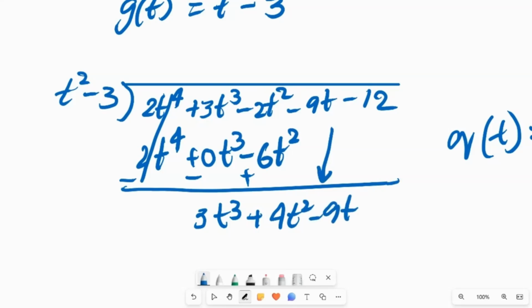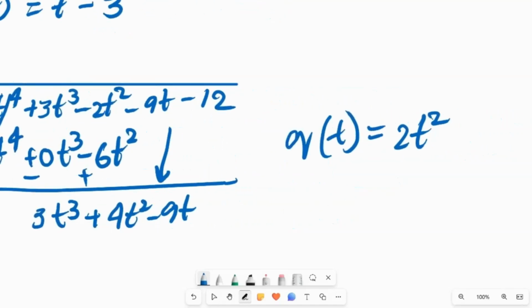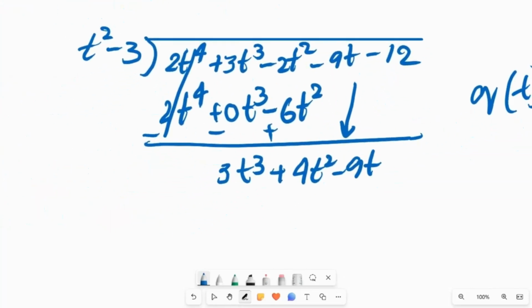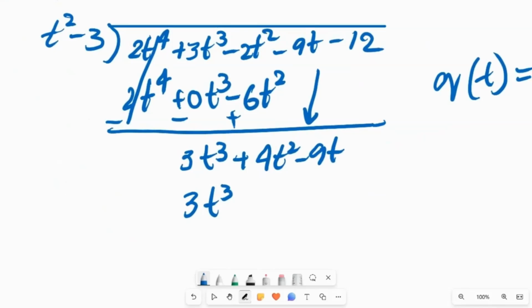Next, we have the first term of p of x is 3t cube and the first term of g of x is t square. Let's multiply 3t to the g of x first term to get 3t cube, right? So the next term would be plus 3t. So multiply 3t with all terms of g of x. 3t into t square is 3t cube, and minus 3 into 3t is minus 9t.